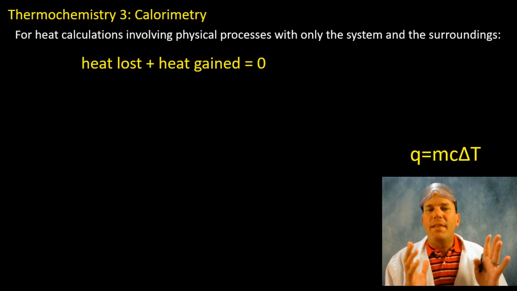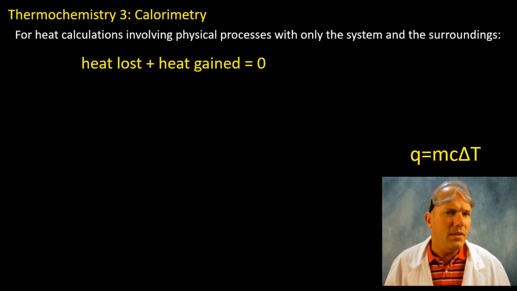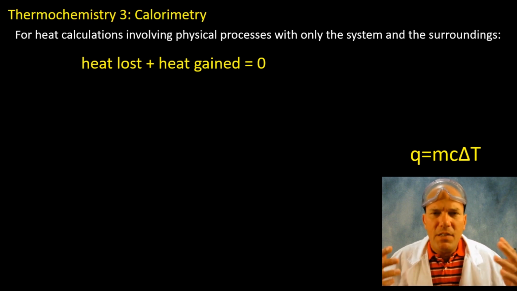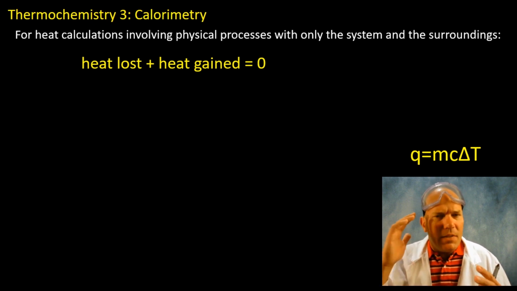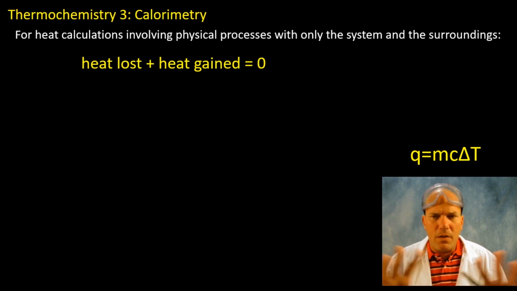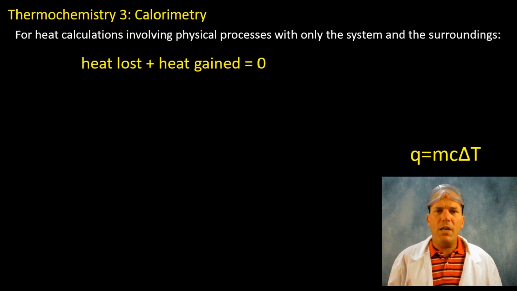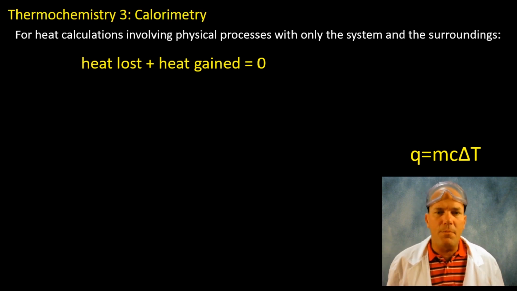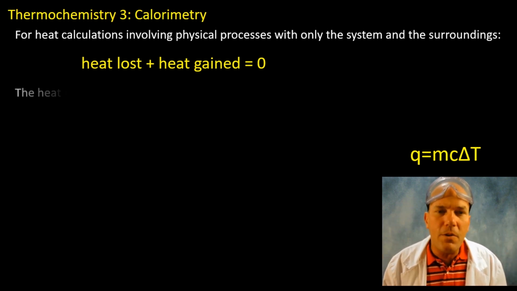So the heat lost and the heat gained within a system is zero. It's important for you to think about this. Keep this in the back of your mind throughout our discussion here. So whatever heat is lost by one object is gained by another object. So overall, the summation of those within a system would equal zero.